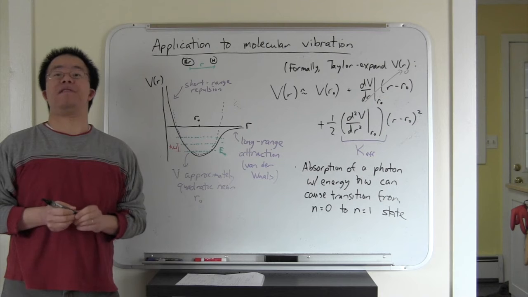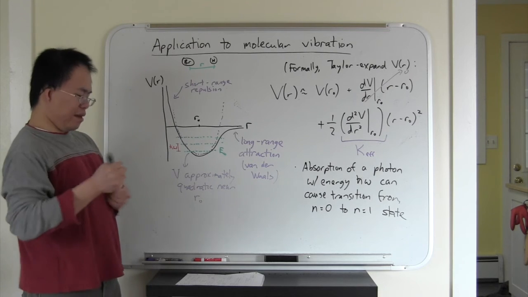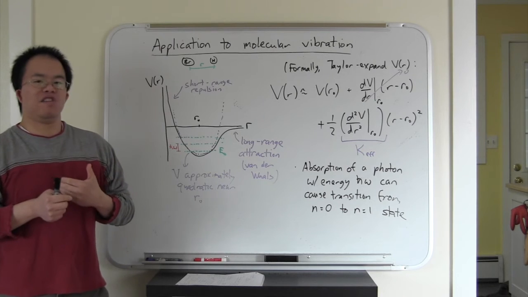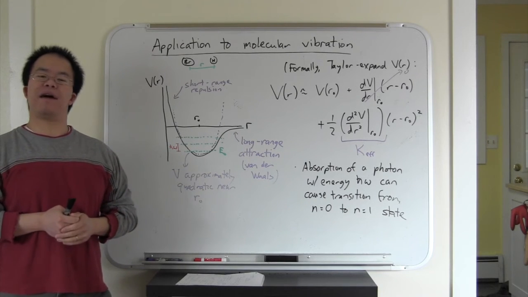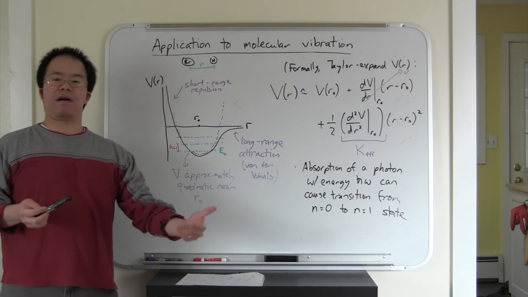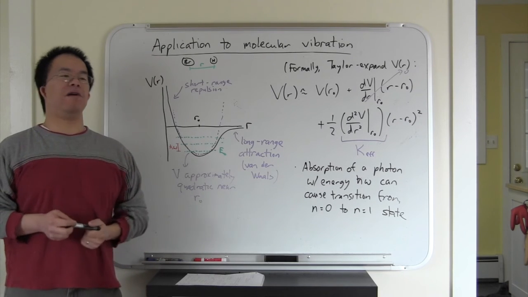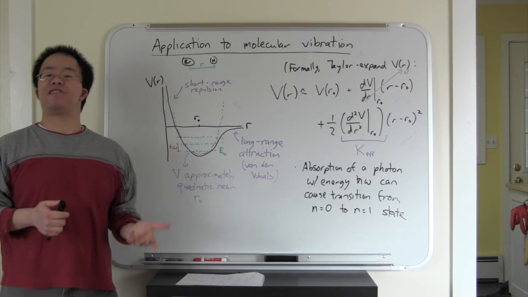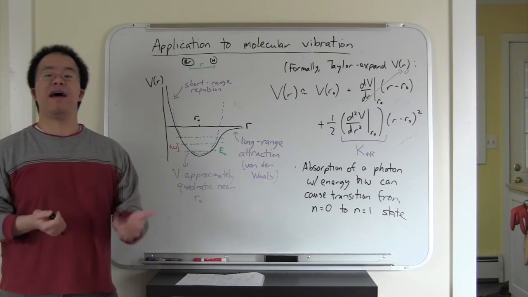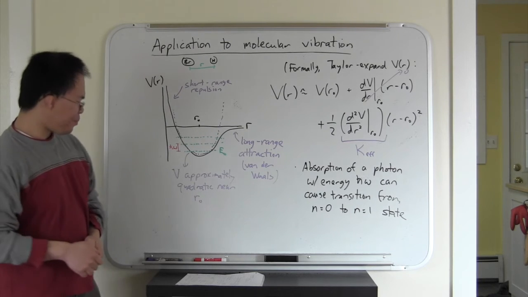That's spectroscopy. I can imagine doing an experiment where I shine light through a sample of HBr gas, and look at what comes out, to see if there are particular wavelengths of light, that is, particular photon energies, that end up getting absorbed.